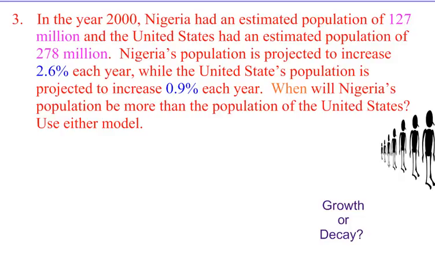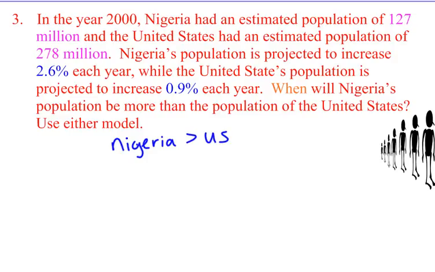Use either model. So we're going to do growth or decay. I think for this we're saying that the population is growing, right? So we realize that's a growth problem. And what we're going to look for is when Nigeria, their population, is greater than the United States.